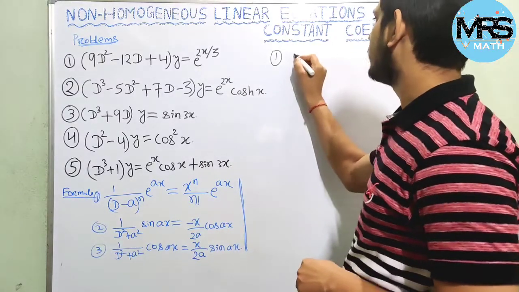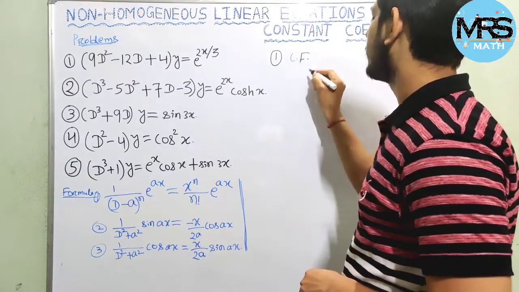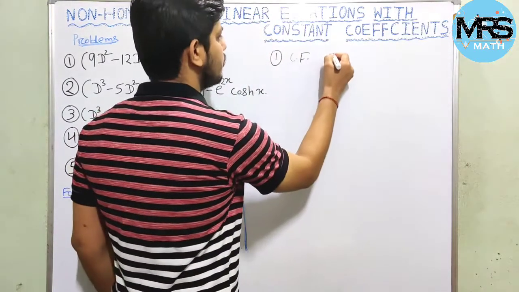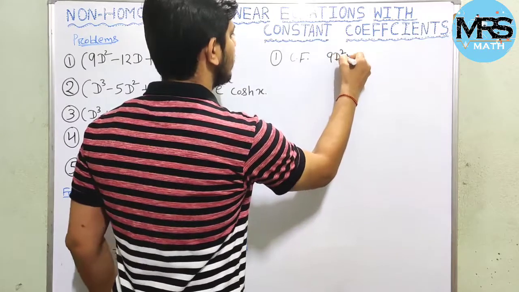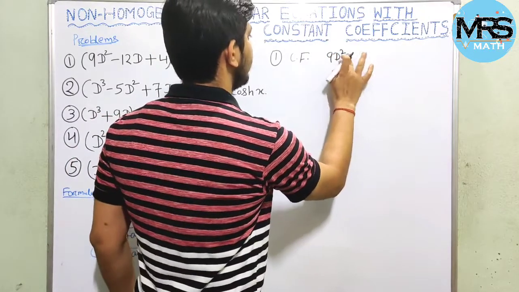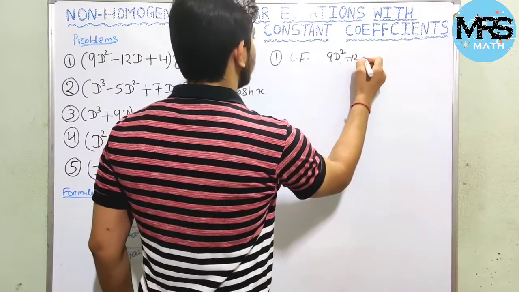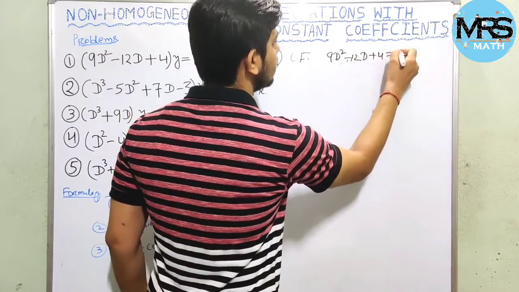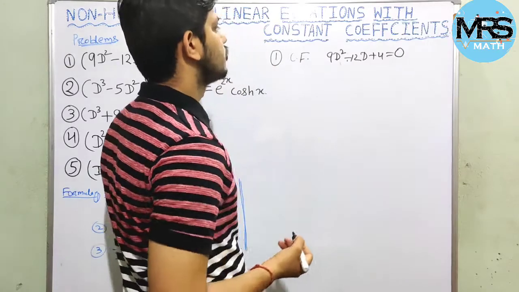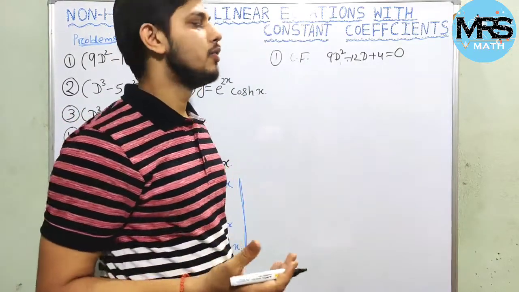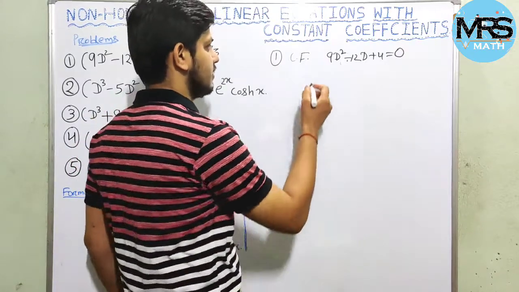So first, for the complementary function, we have 9D² − 12D + 4 = 0. From here we have to get the roots, and from there we can say what our complementary function will be.